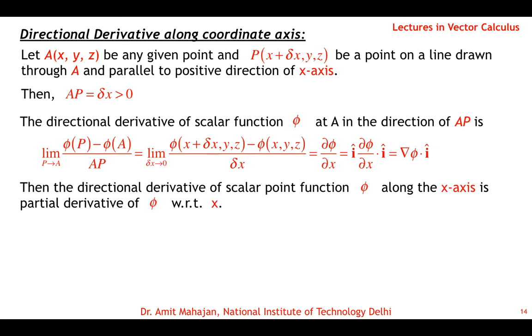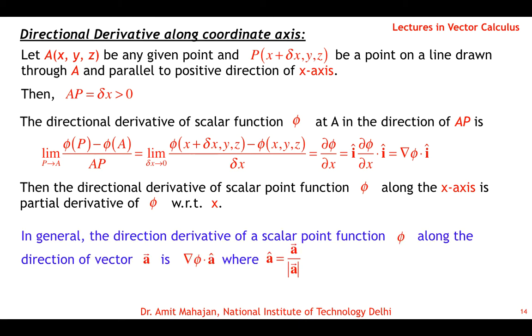And so the directional derivative of scalar point function phi along the x-axis is the partial derivative of phi with respect to x. So that's one, and we can generalize this: the directional derivative of a scalar function phi along the direction of vector a is nothing but the gradient of function phi dot product with the unit vector in the direction of a. a cap is the unit vector in the direction of a.